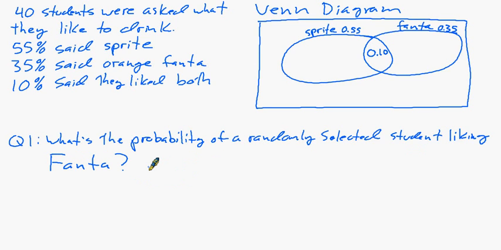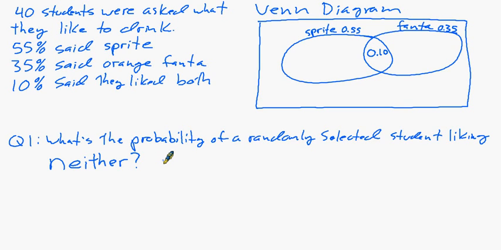Similar question, what's the probability of a randomly selected student liking Fanta? Equally simple, perhaps. 35% of all the students surveyed liked Fanta, so that's the probability.